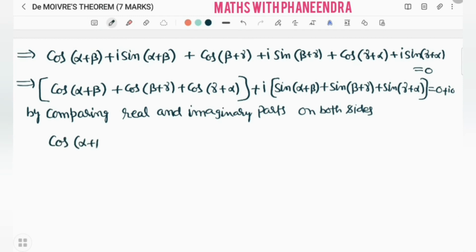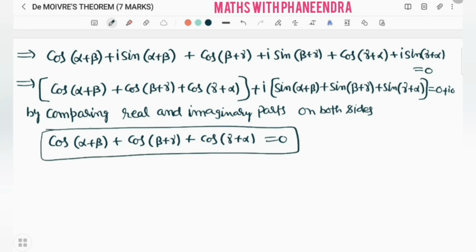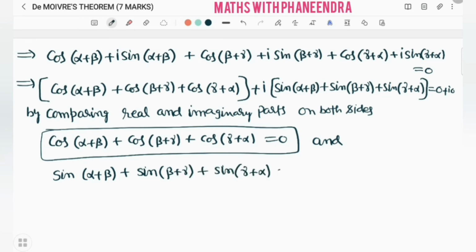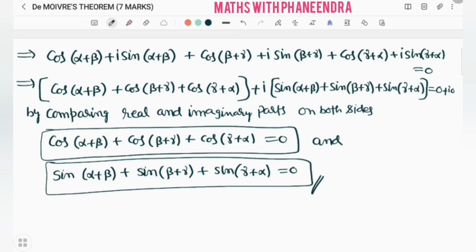Cos of alpha plus beta plus cos of beta plus gamma plus cos of gamma plus alpha is equal to 0, and sin of alpha plus beta plus sin of beta plus gamma plus sin of gamma plus alpha is also equal to 0. Hence proved. Dear students, we'll move to the next one.